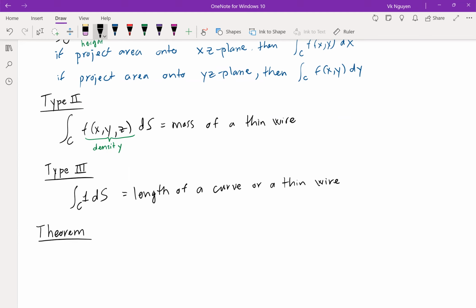Theorem. Sometimes we don't have one curve, because we can stick a bunch of them together.